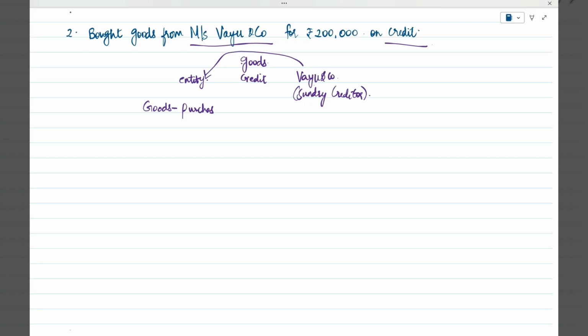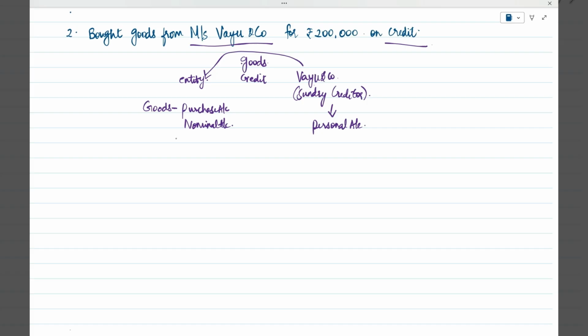When we purchase goods, it is debited to purchases account. And the other party is sundry creditors. Sundry creditors is a personal account. And how about purchase? Purchase is a nominal account.